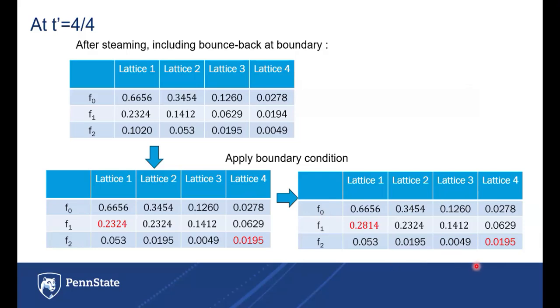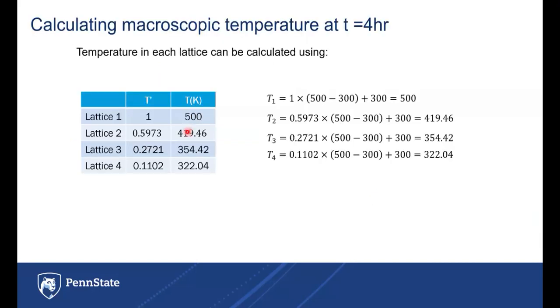once we got the omega distribution, the sum of the f1, f0, f2 is the phi value for each lattice. And in our case, the phi value means the temperature.